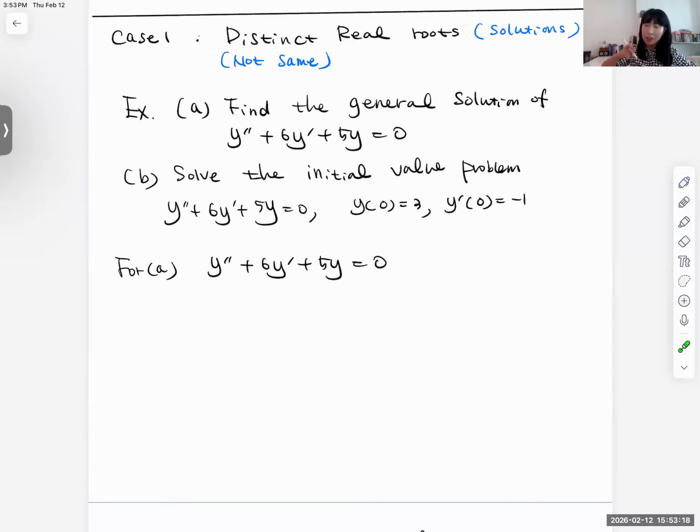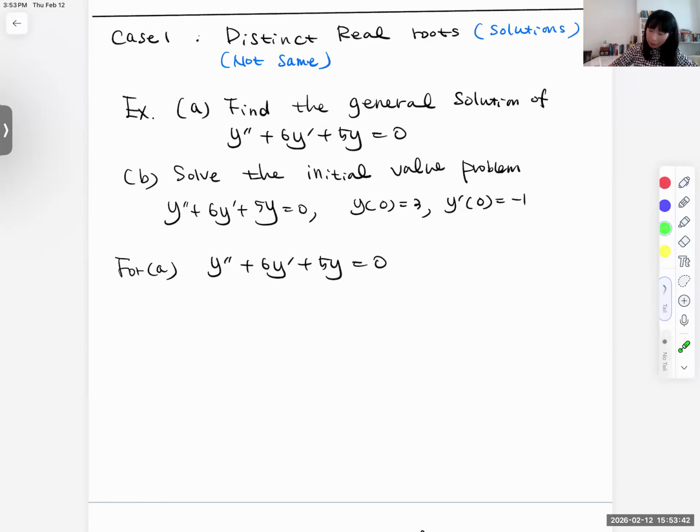Find the general solution of the linear second order equation y double prime plus 6y prime plus 5y equal to 0. And then the second one, we have an initial value problem, right? Okay, so let us do this one.